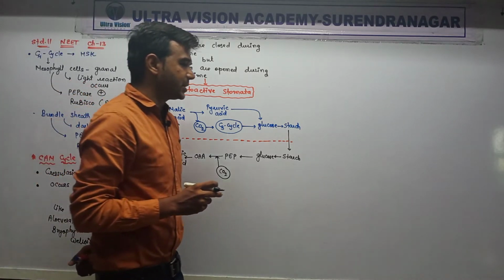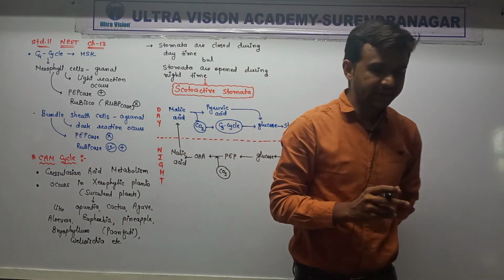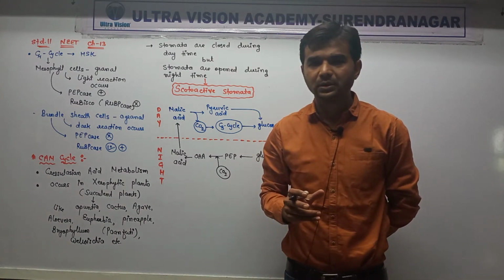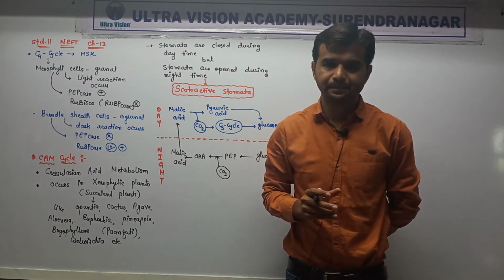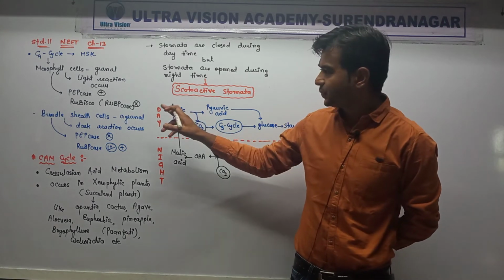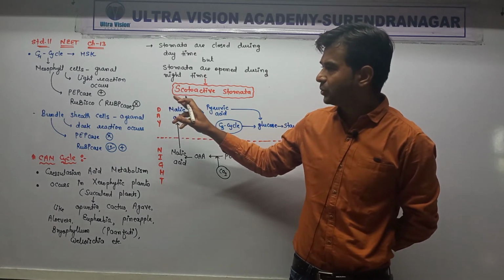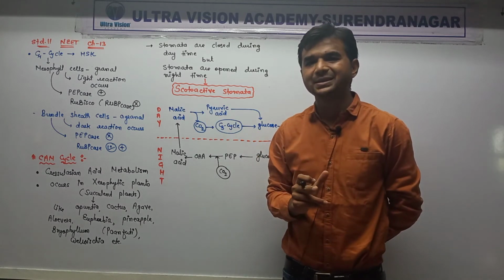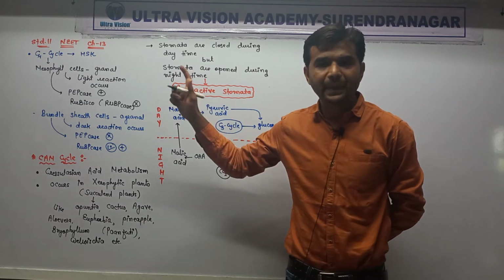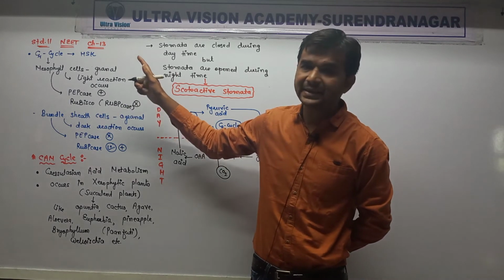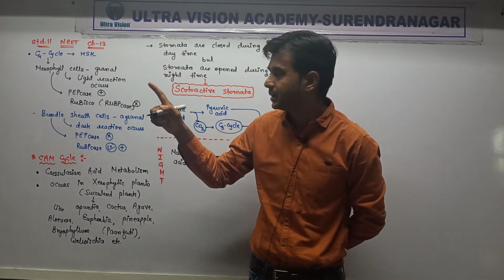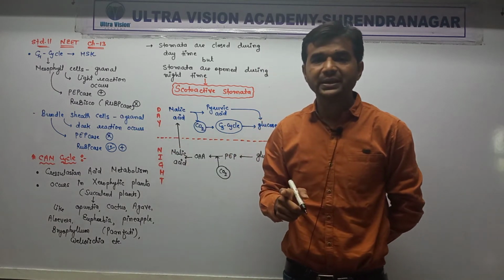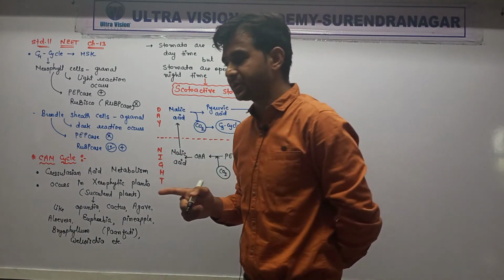So a few MCQs. In Calvin cycle, CO2 acceptor is RuBP. In C4 cycle, the primary CO2 acceptor is PEP and the secondary CO2 acceptor is RuBP, and that's why we say that double carboxylation occurs.